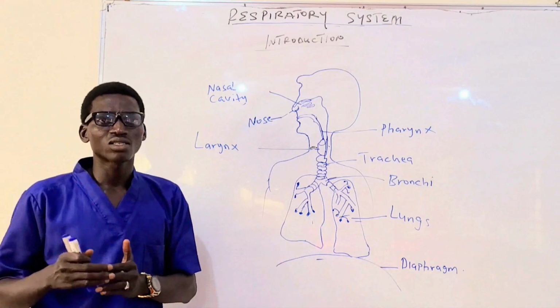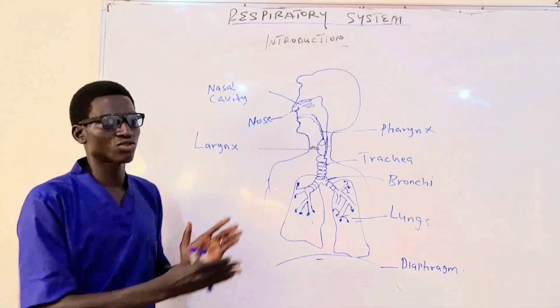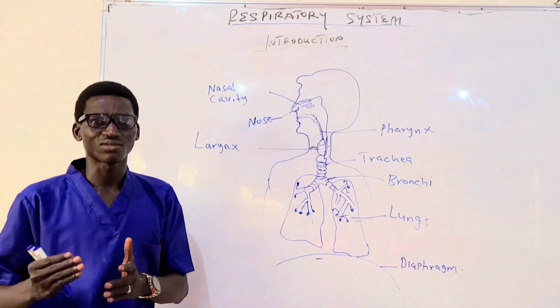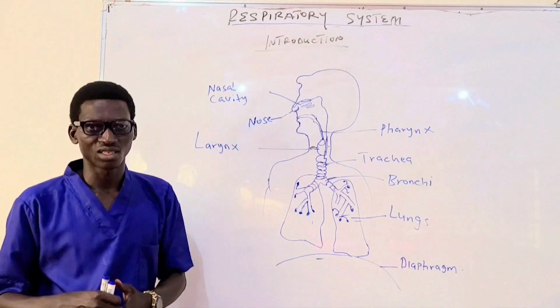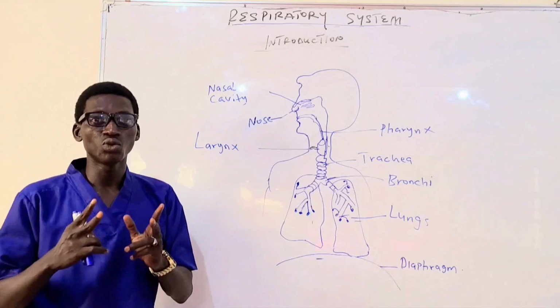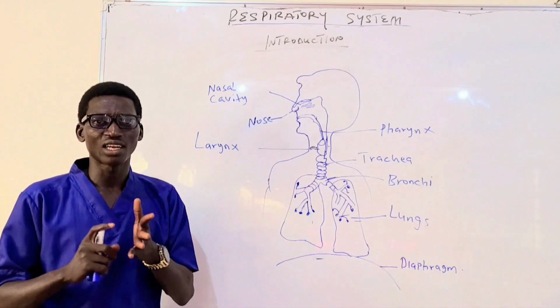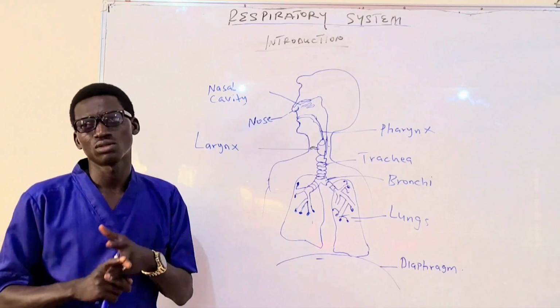If we are to talk about the functional classification of these tracts or structures, meaning a classification based on how they function, it includes the respiratory zone and the conductive zone.